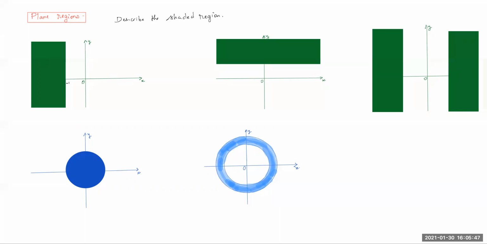So let's write it here and start describing our set. I see my set as the set of all points x, y in the plane R2 such that, how can I characterize the set of points?